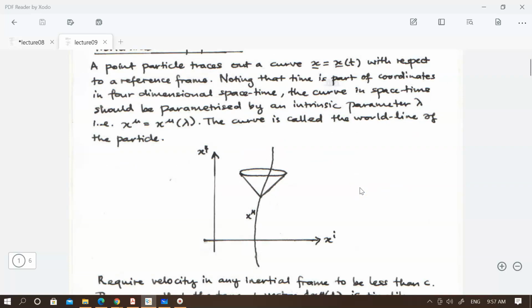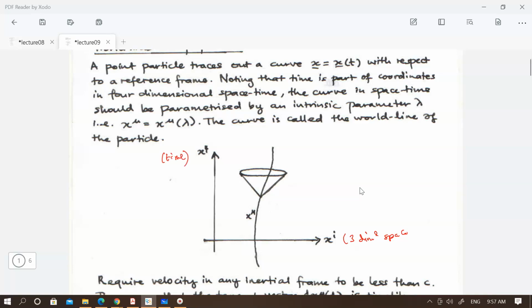Your position of your particle will move with respect to some coordinates along time here. This is essentially a condensed version of three-dimensional space, and this is time.